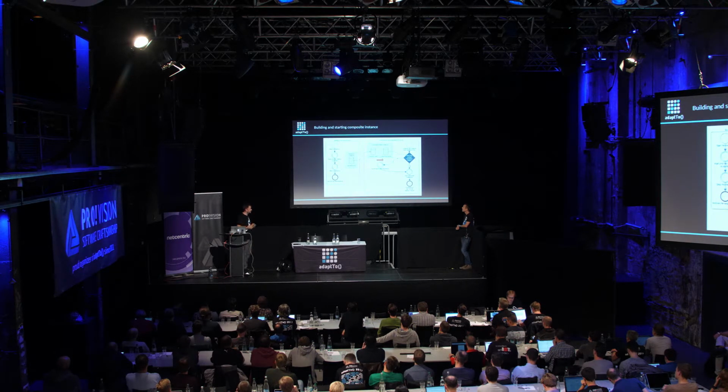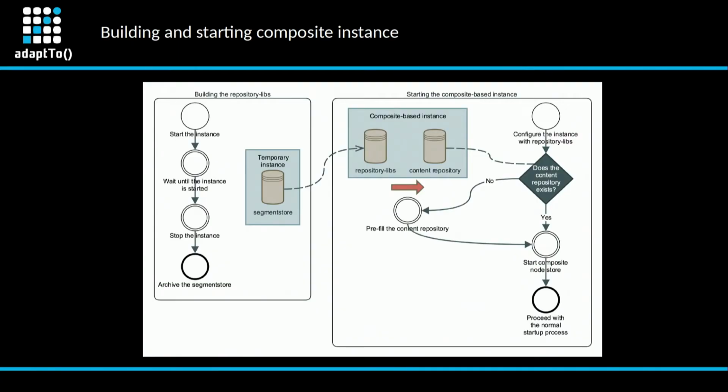So this is the graph presenting the whole process. On the left-hand side, we can see the process of preparing, of building the composite instance, and in this part, we are actually starting it. So this thing has to be done just once, and once we have this segment store, we can start any number of the composite-based instances.